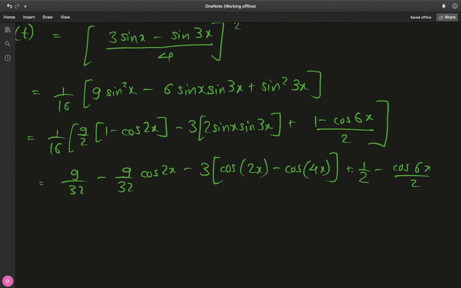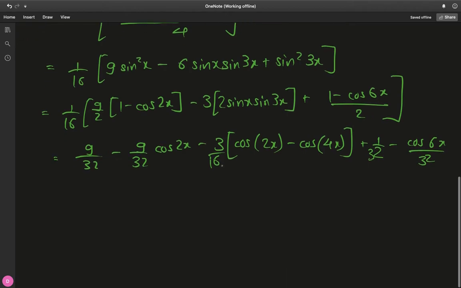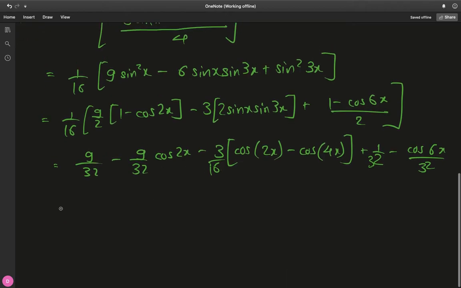One slight correction, this 16 was multiplied with everything, so we have over 16 like this, and 2 times 16 is 32, so we have 32 like that. I didn't see the bracket there.